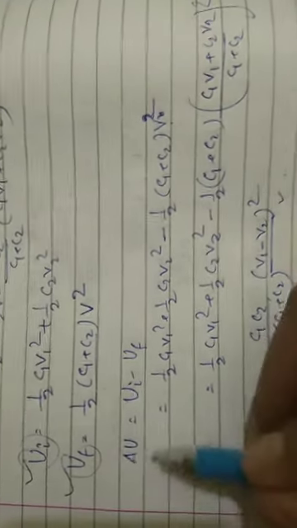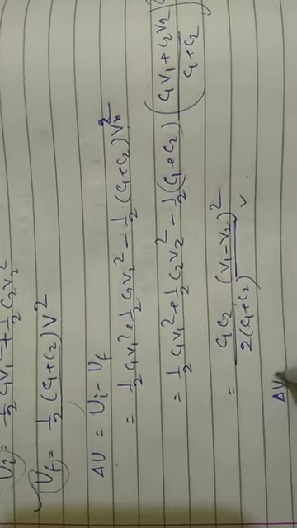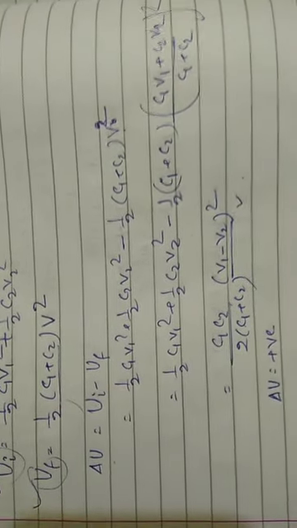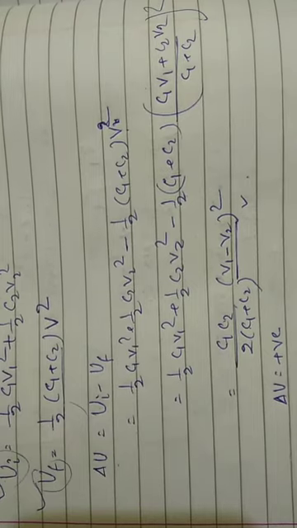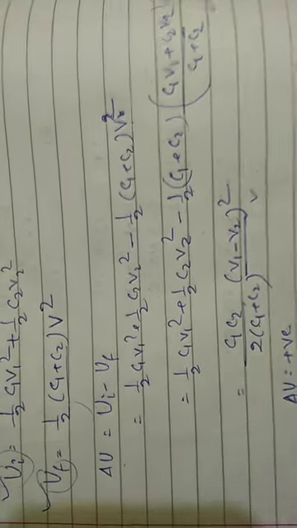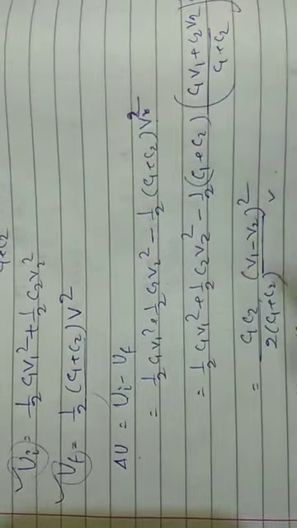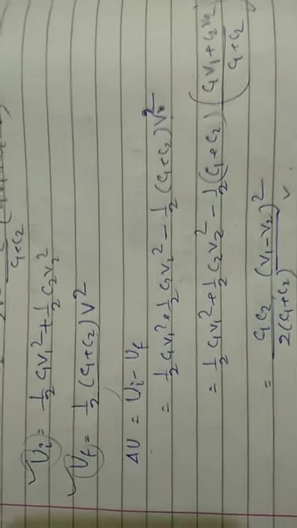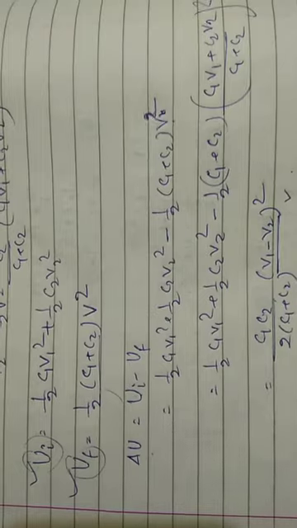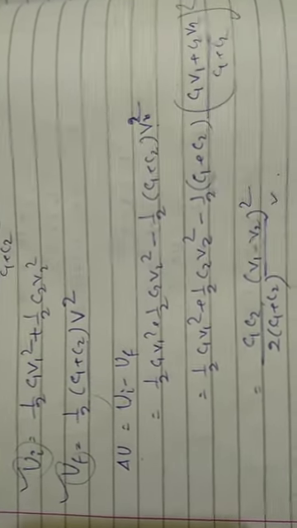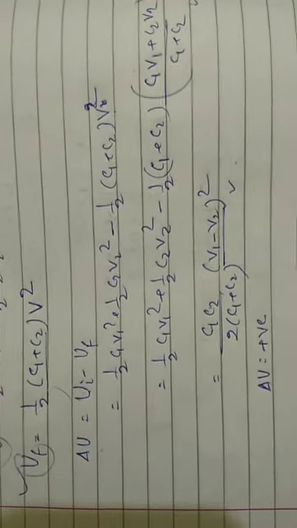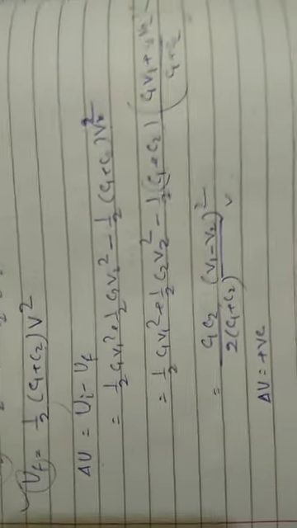So in general, delta U is a positive quantity. So what we see is that the initial energy is greater than the final energy, so there is some loss of energy. So whenever you connect two capacitors like this, there is always some loss of energy, and this energy is lost mainly because of the heat produced.